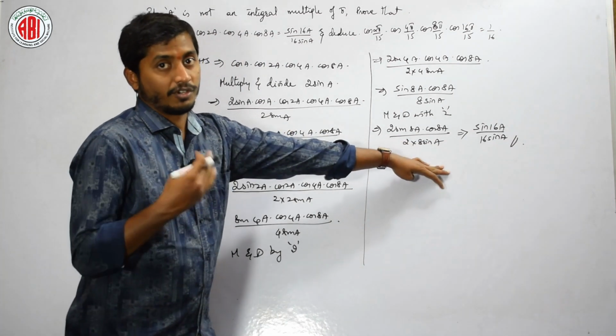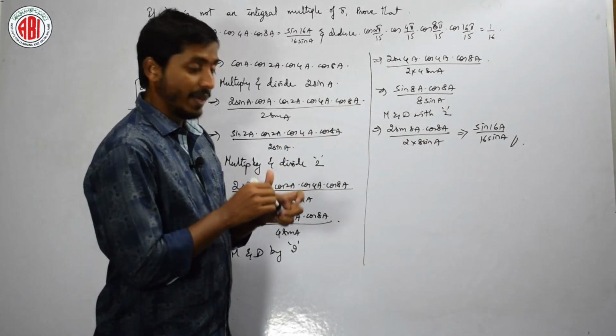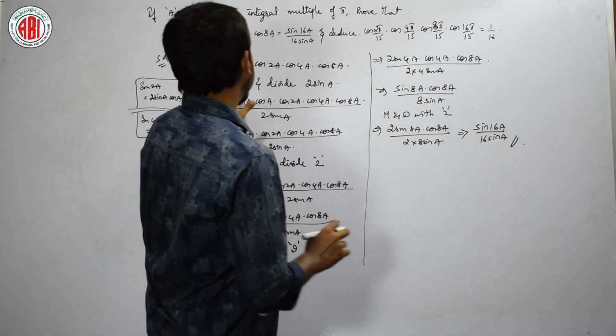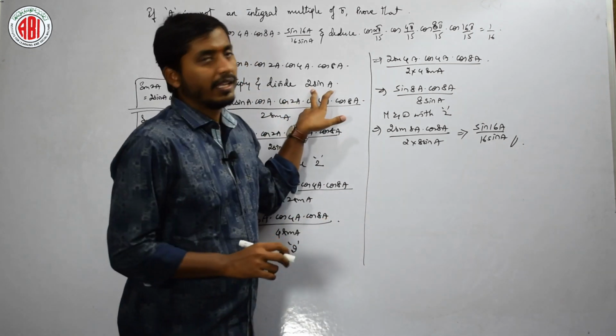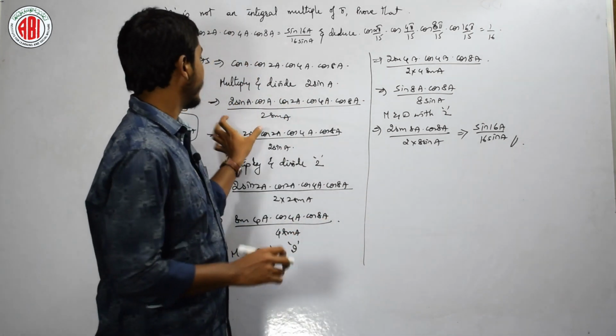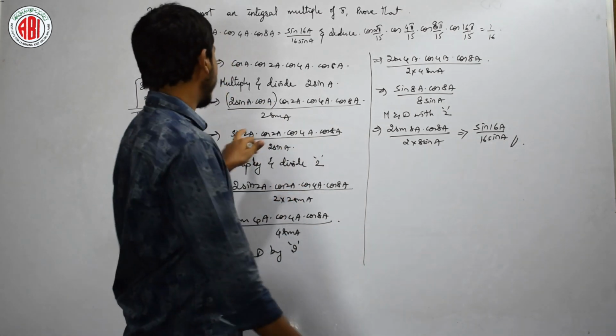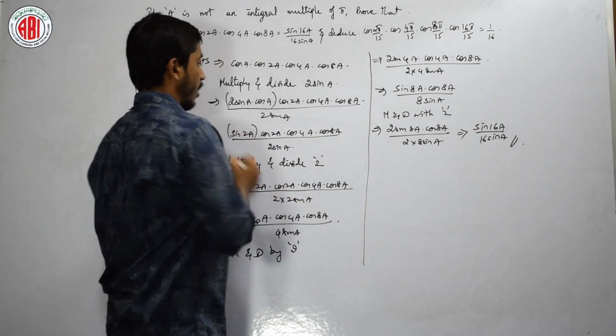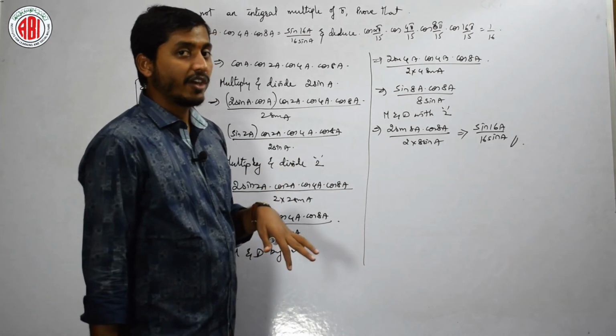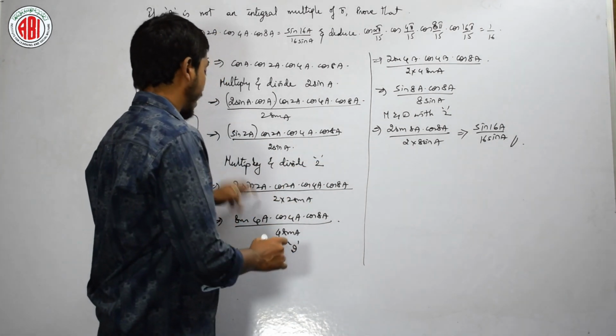Is it clear? What all we multiplied? We started by multiplying it with 2 sin a. Then we got 2 sin a cos a, which is nothing but sin 2a. Is it clear? In the next step what we did? We multiplied it with again 2.